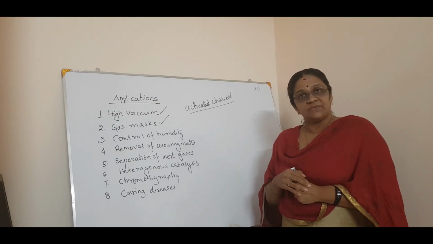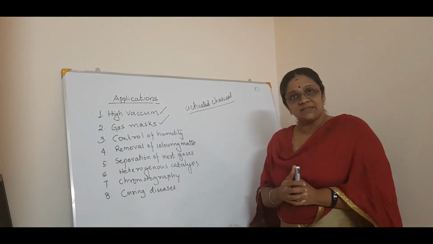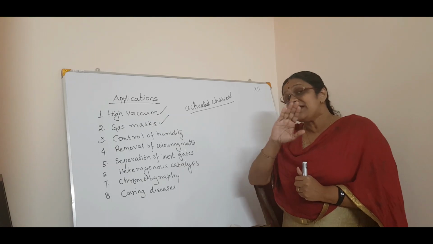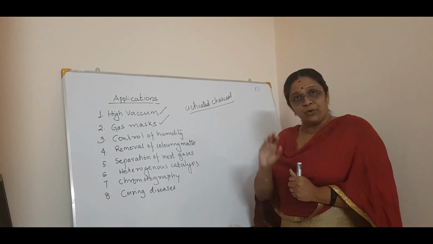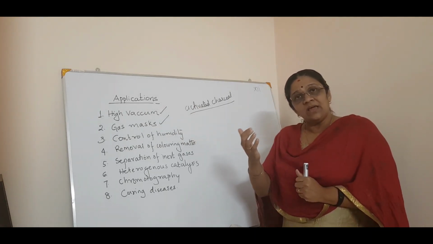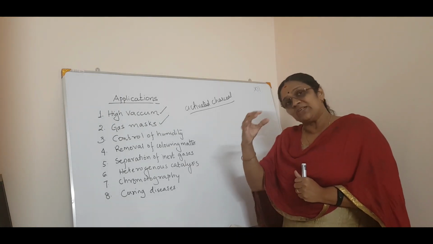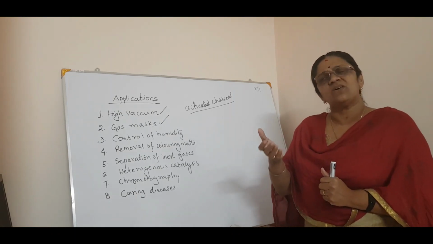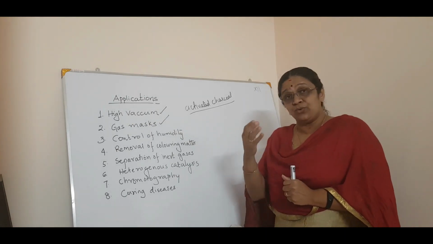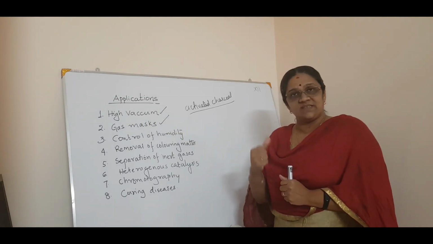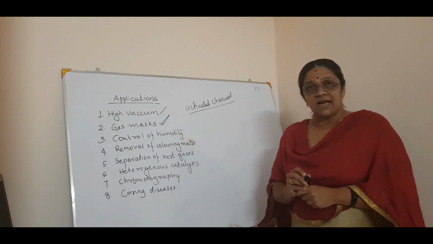So in order to avoid these poisonous gases, they wear gas masks, and in that gas mask the activated charcoal will be there, so that only good air goes into the lungs. So in order to avoid the toxic gases coming from the coal mines or elsewhere, the adsorption technique is useful. The activated charcoal can adsorb the poisonous gases, like sulfur. So that is the importance of gas masks in adsorption.